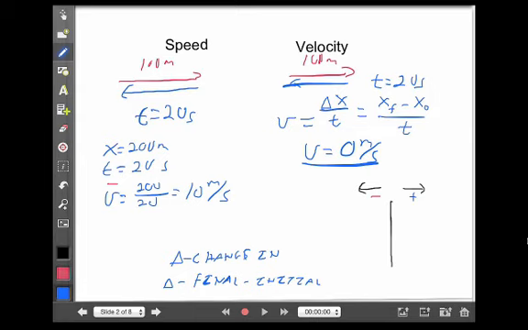So for example, I could be running to the left, even though I'm standing on the right, and that is a negative velocity because I am moving in the negative direction. Equally, I could be running this way, and no matter where I am, that's a positive velocity because I am traveling physically in what I've called the positive direction. So where displacement depends on where you are, velocity depends on where you're going.